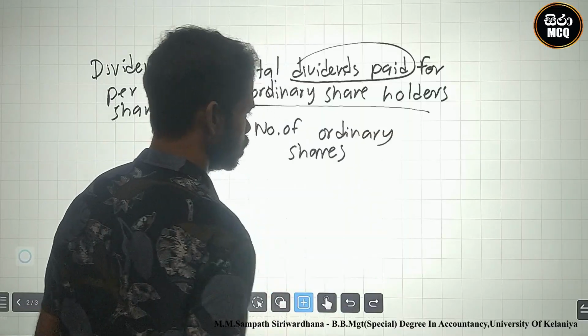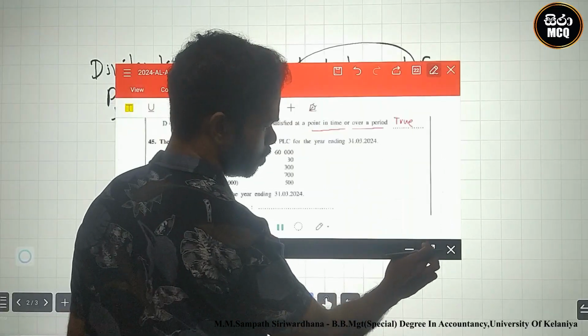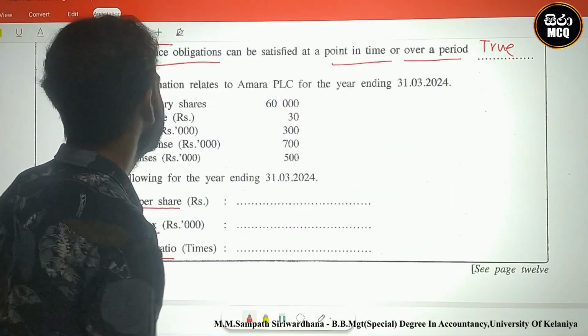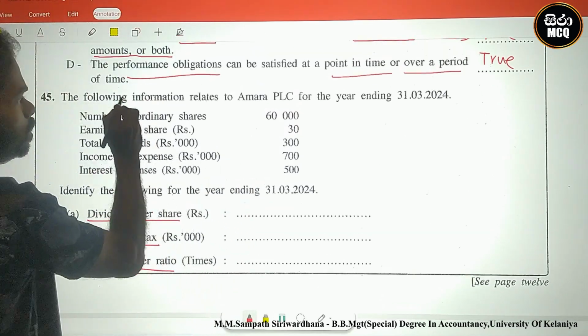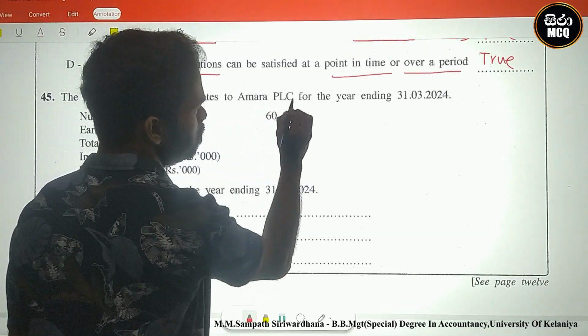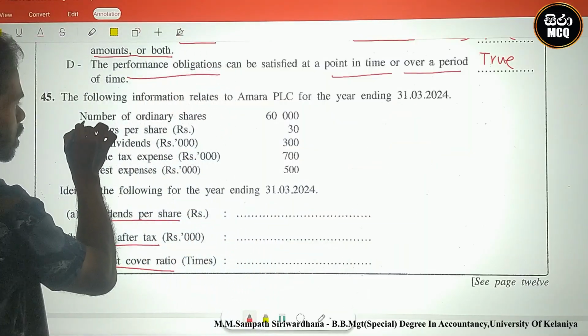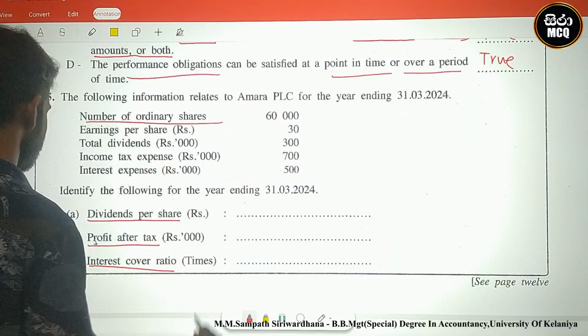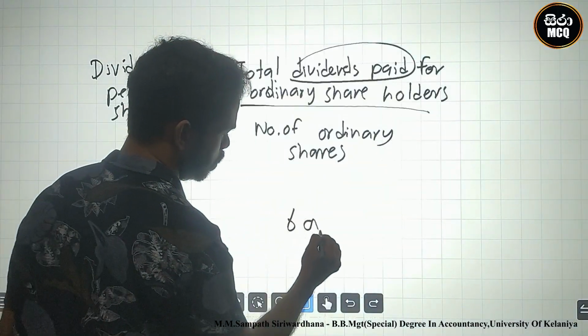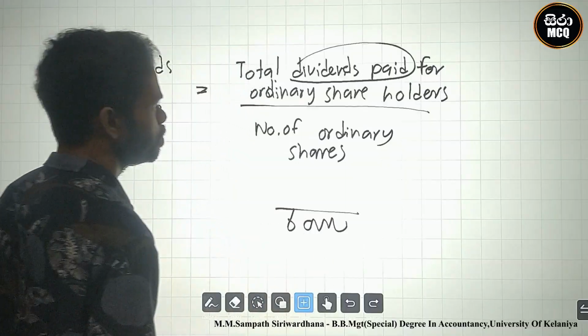Look here, this is the question. The following information relates to Amara PLC for the year ending 31st March 2024. First one, the number of ordinary shares is 60,000.